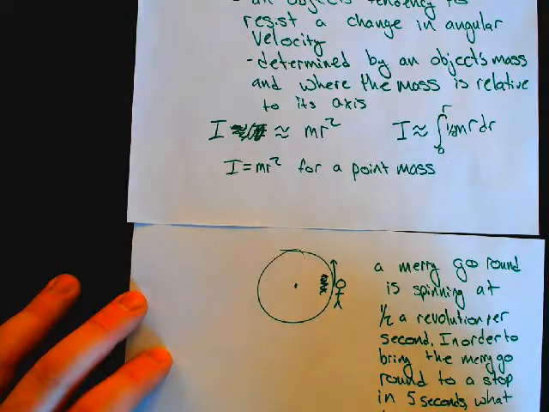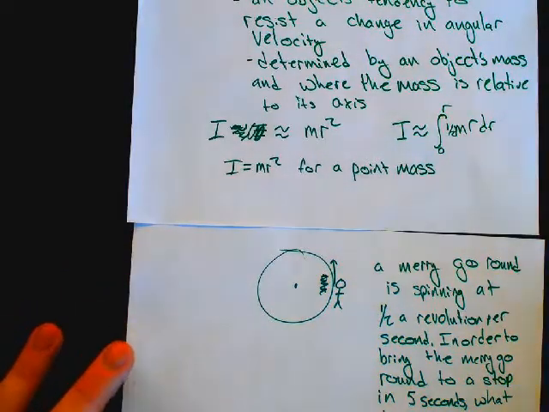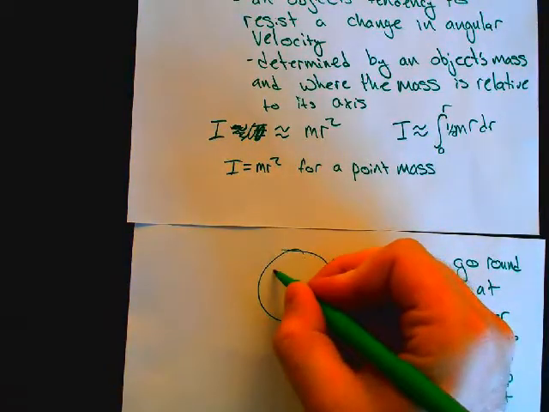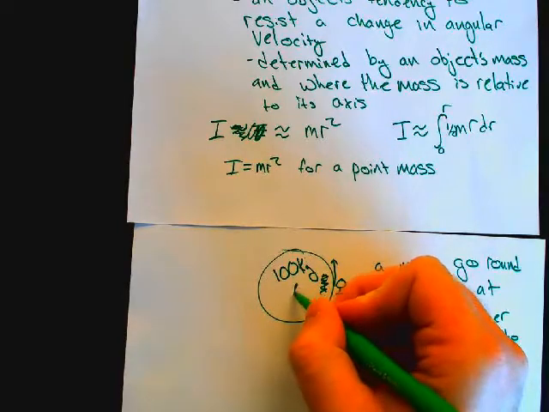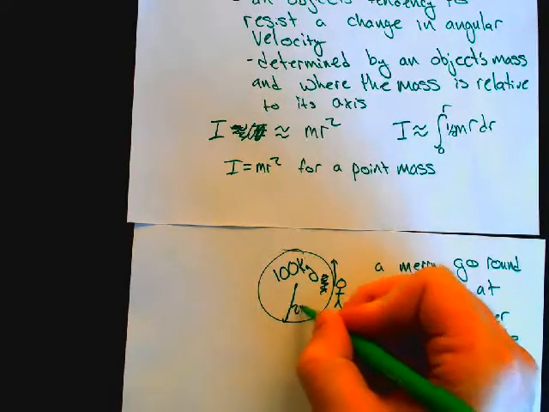Now, this is going to be dependent upon the type of merry-go-round, and we're going to assign our merry-go-round a mass of 100 kilograms and a radius of, let's say, 2 meters.